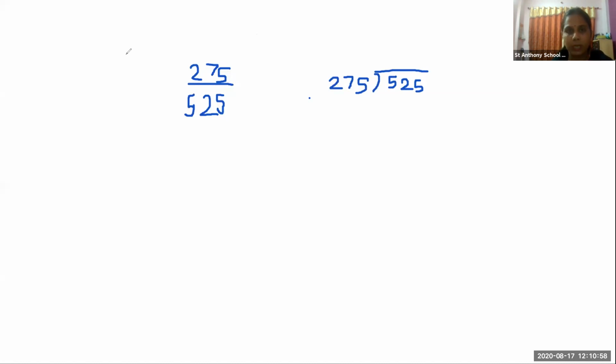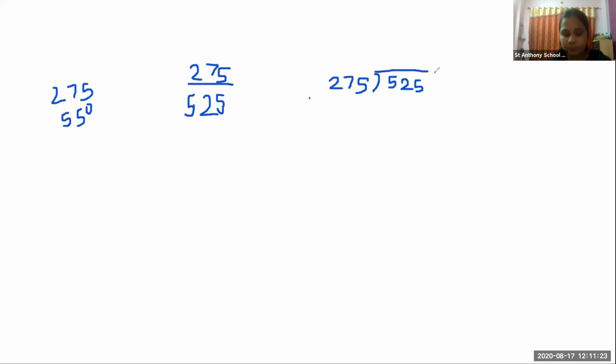We know that 275 ones are 275. Now 275 twos are 550, because 2 fives are 10, 0 and 1 carry, 2 sevens are 14 plus 1 is 15, 5 and 1 carry, and 2 twos are 4 plus 1 is 5. Here the number is 525.